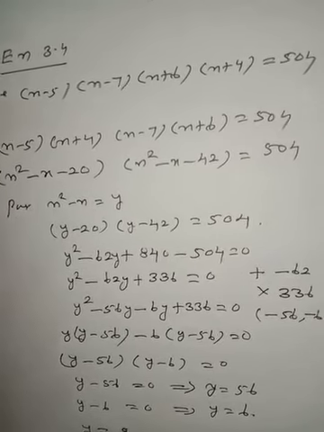So x minus 8 into x plus 7 is equal to 0. x minus 8 is equal to 0 implies x is equal to 8. x plus 7 is equal to 0 implies x is equal to minus 7. So two values of x are x is equal to 8 and minus 7.